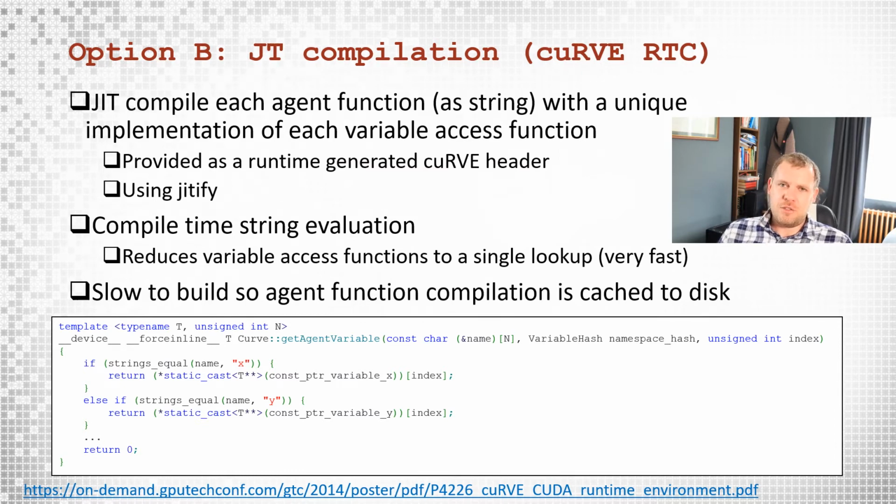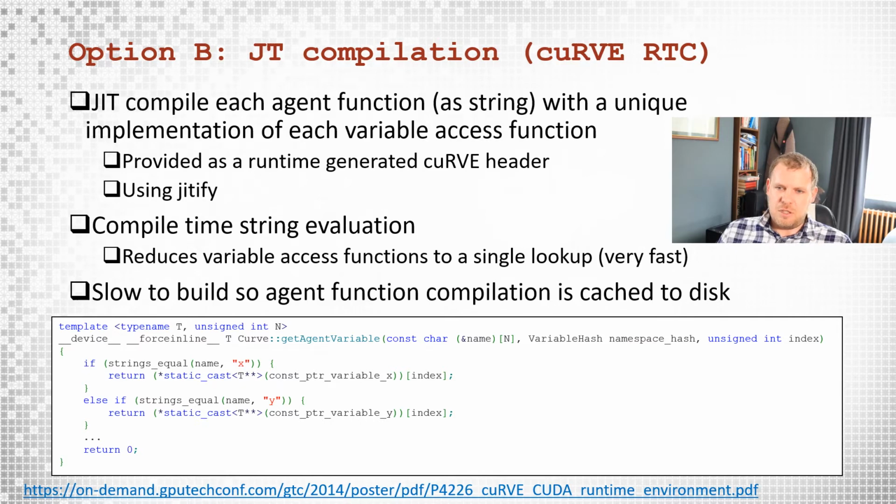The way that we do this is by implementing another version of curve called curve runtime compilation. This is simply a drop-in header which, instead of doing hashing and lookups, has a large switch type statement dependent on the variables that exist for a particular agent function and particular agents that are going to be looked up.